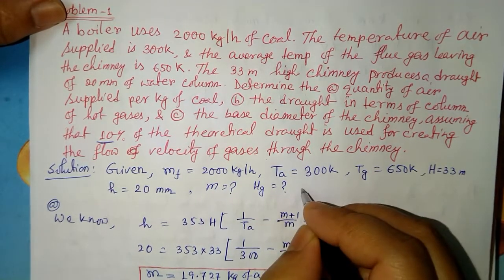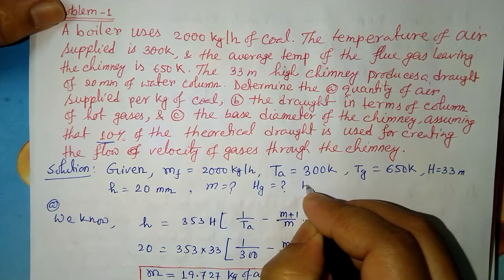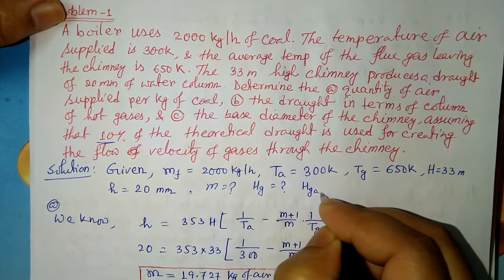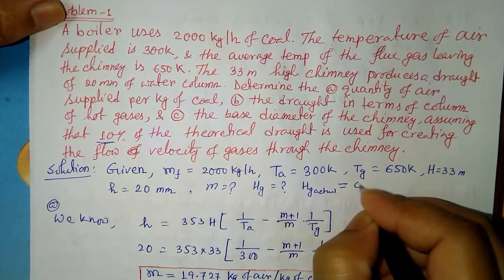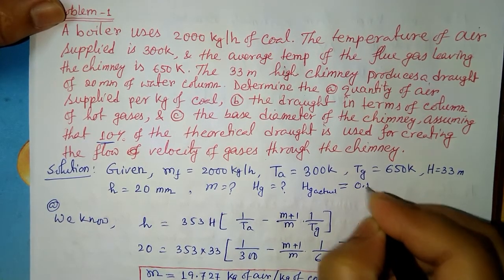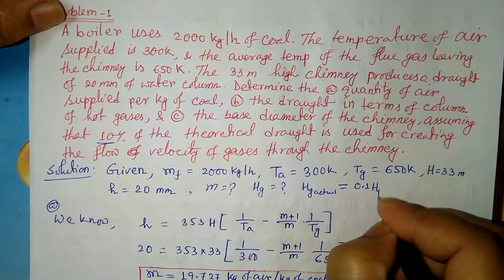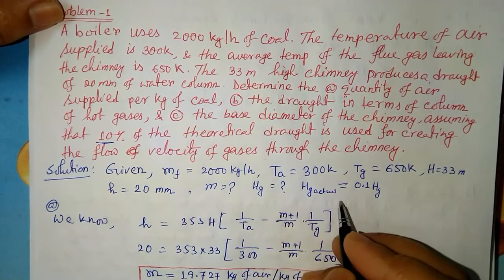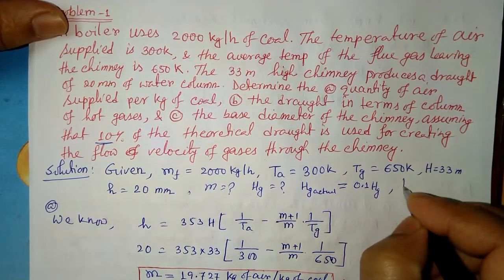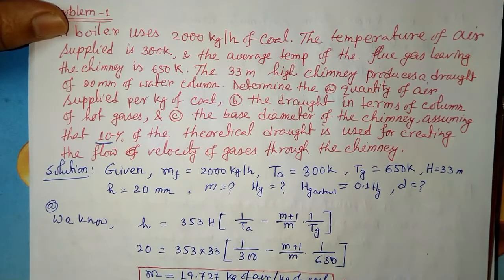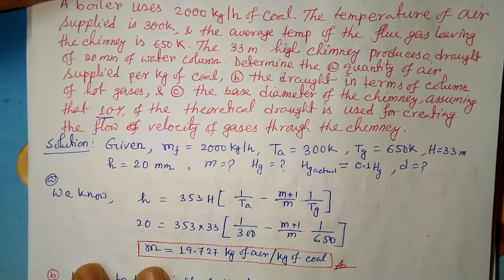Here our actual Hg is given as 10%, meaning 0.1 Hg, where this Hg is theoretical and actual is this one. We need to find the base diameter. Suppose small d is the base diameter of chimney.